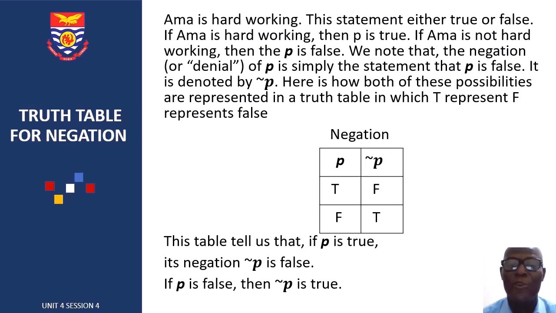In the same way, if Kofi is not a bad boy, then its negation, which is its denial, is true. That is, Kofi is a bad boy. From this table, if P is true, then its negation is false, and if P is false, then its negation is true.